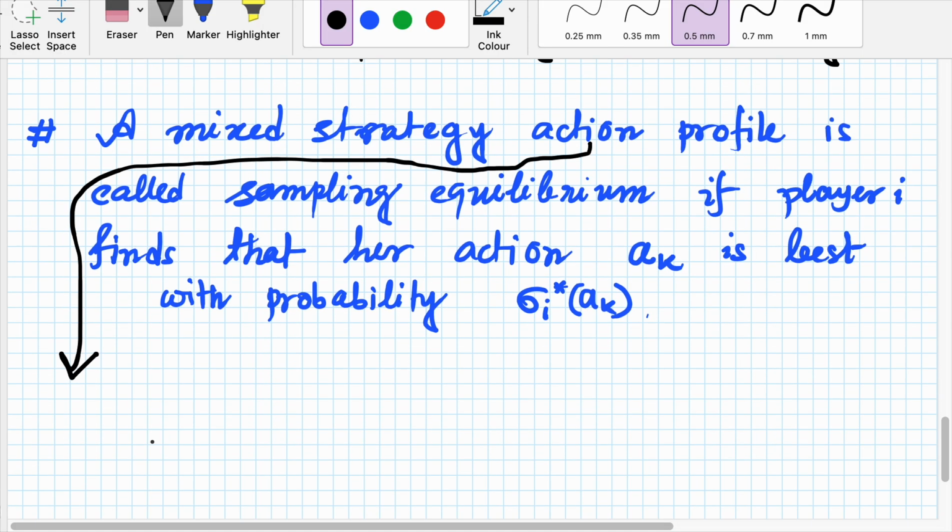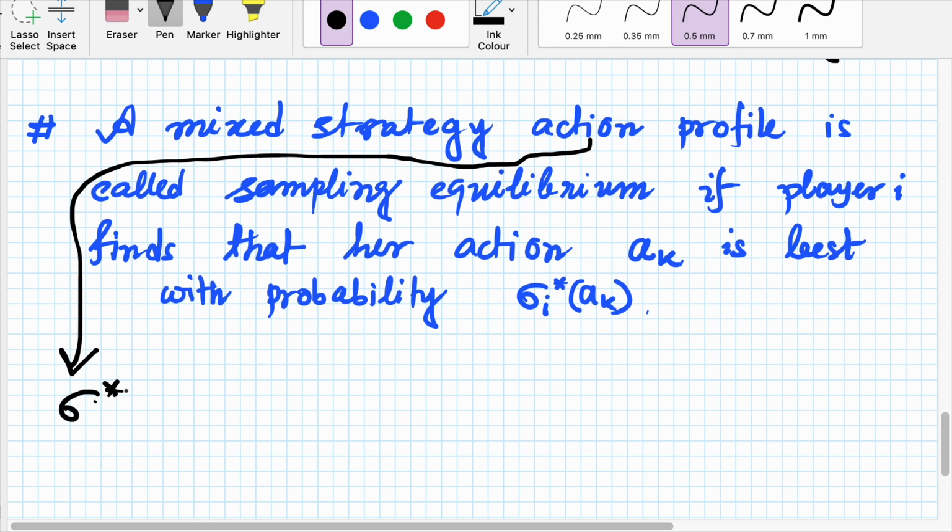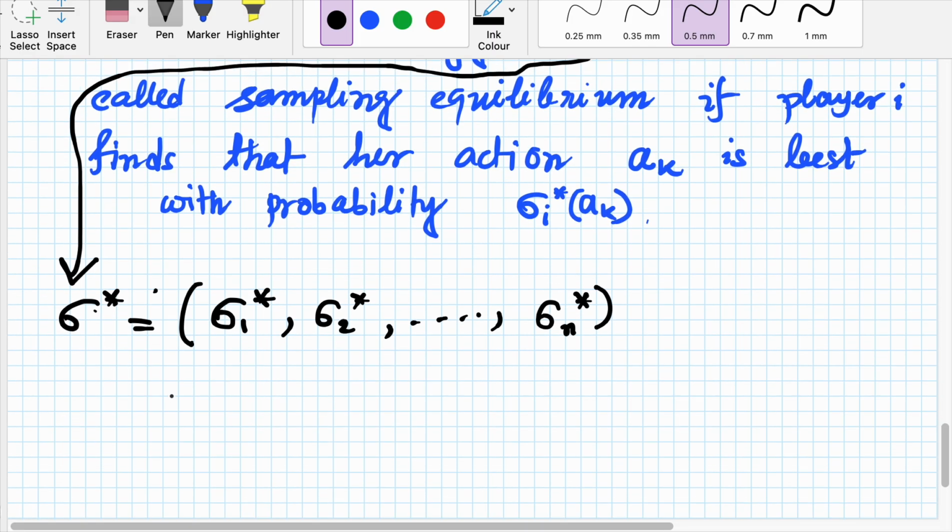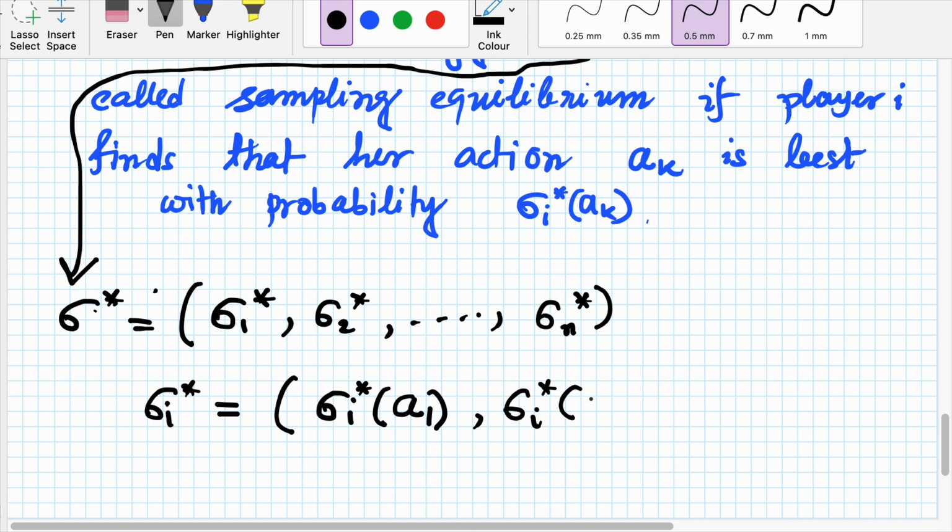profile. Suppose the action profile is sigma star, such that every player's action is denoted by sigma 1 star, sigma 2 star, and suppose there are n players present. Sigma I star is a vector which corresponds to the probability, the strategy of player I. So the strategy of player I is: what is the probability of playing action A1, what is the probability of playing action A2.